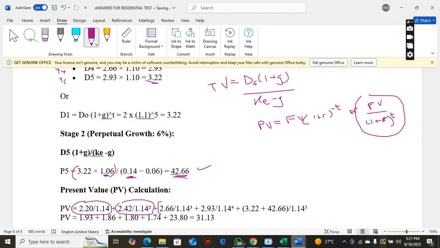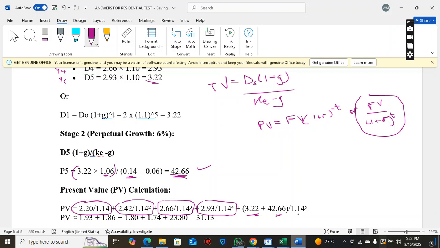Year three, 2.66 over 1.14 to the power 3. Year four, 2.93 over 1.14 to the power 4.